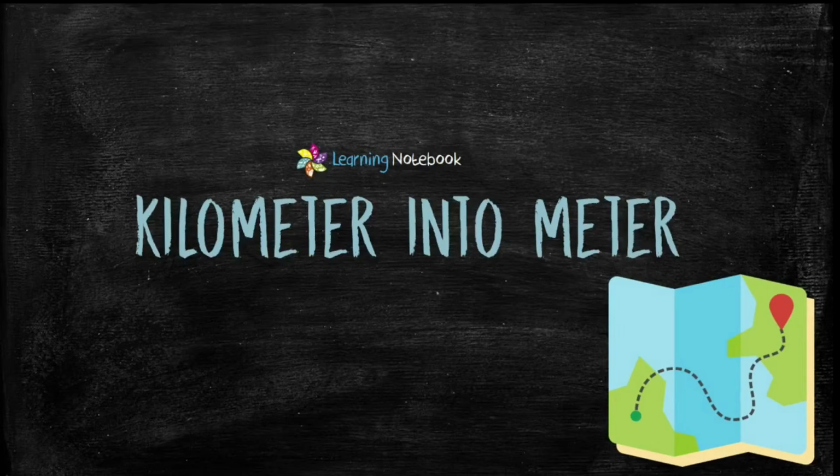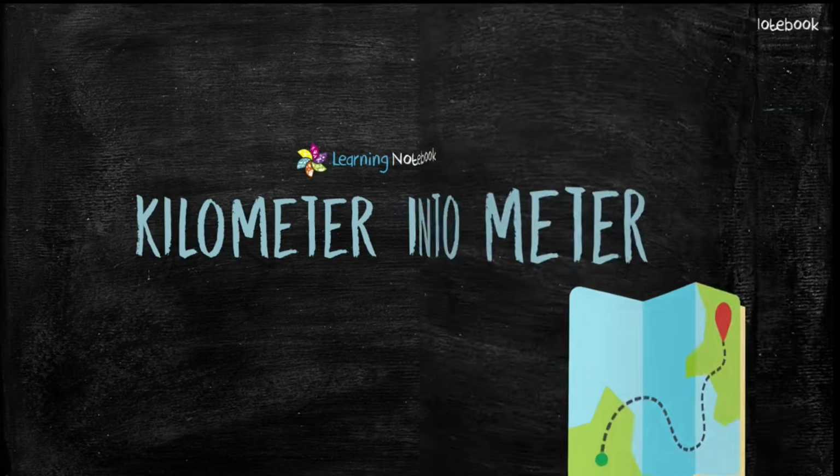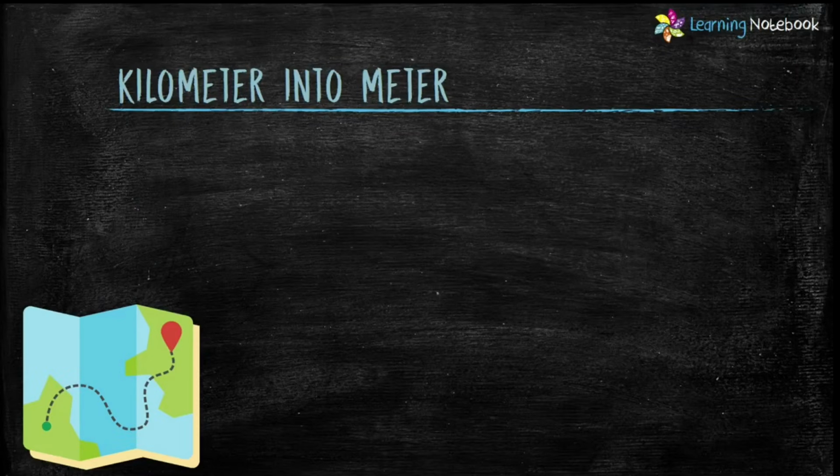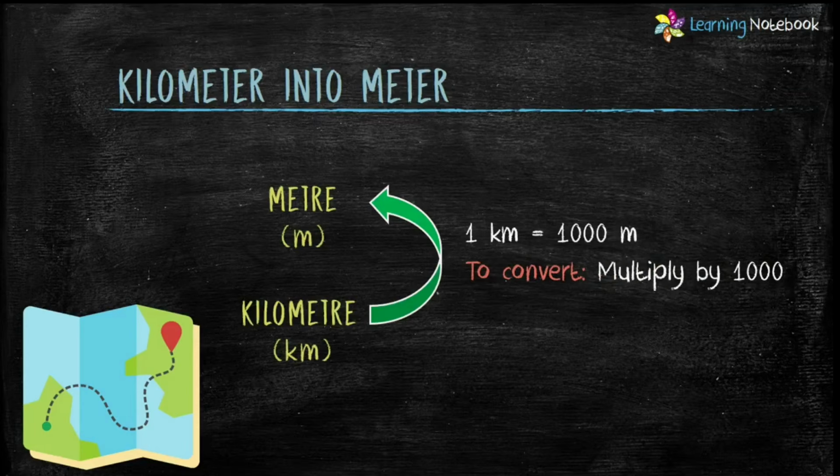Now let's see how to convert kilometer into meter. Students, 1 kilometer equals to 1000 meter. So to convert kilometer into meter, we will multiply by 1000.